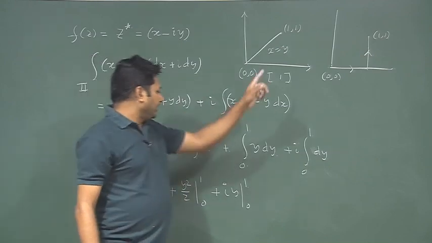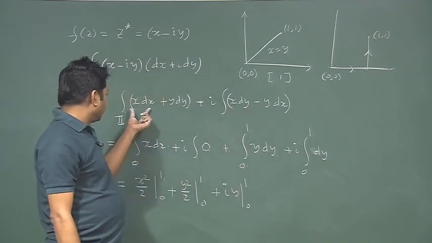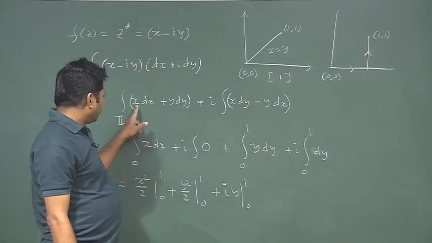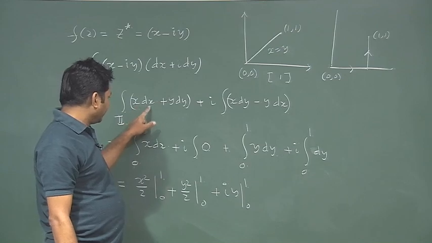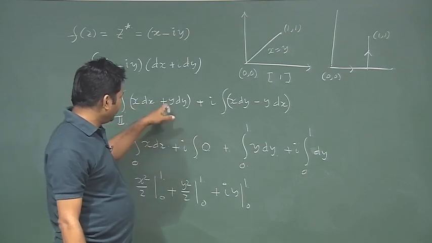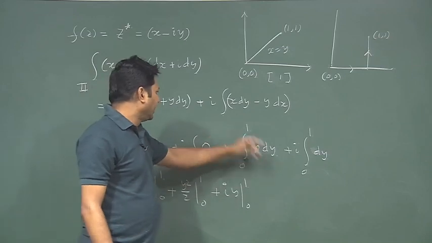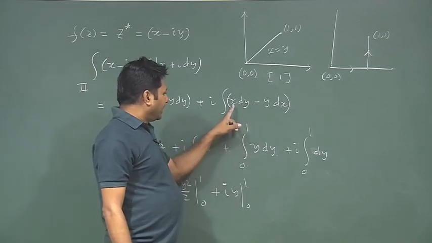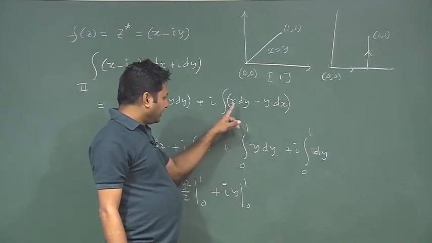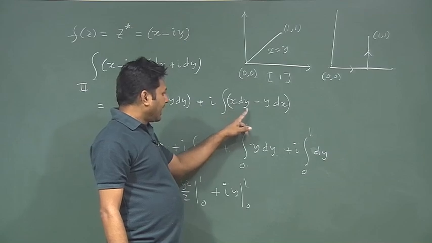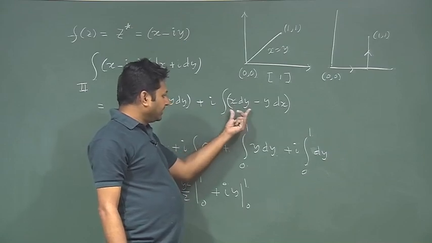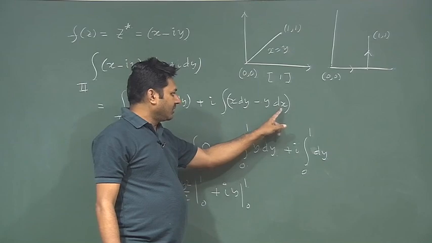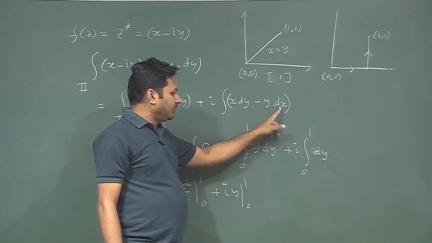In the next part, this portion has x dx. So, x is not changing, so this will not be there. So, only we have y dy, and for this part x is a fixed value, that is 1, and dy is changing. So, I should have this contribution, but dx is 0 because x is not changing.